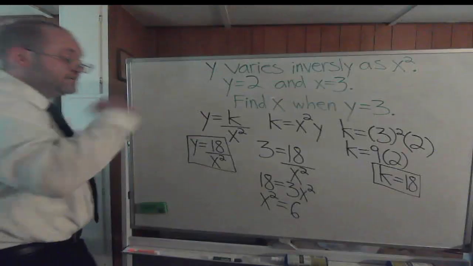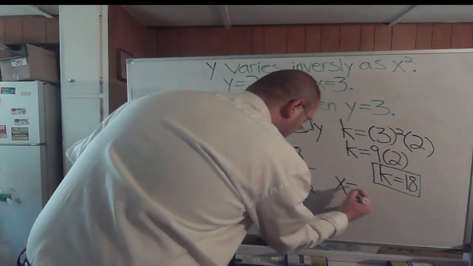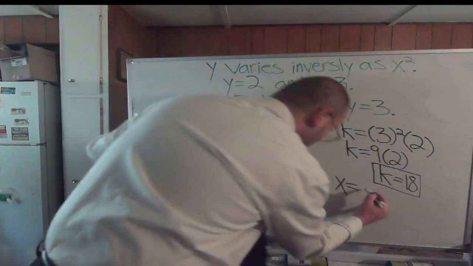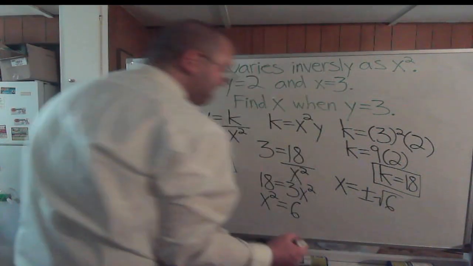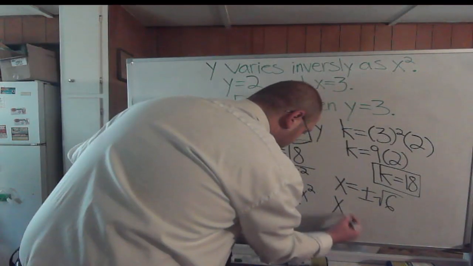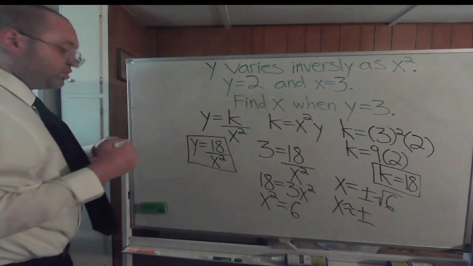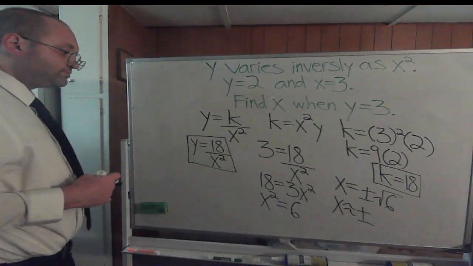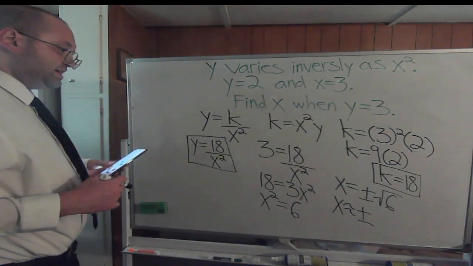So of course, take your square root of x squared, which will just give you x. On the right hand side, you have to take both plus and minus the square root of 6, which we'll round to 1 decimal place. Let's find the square root of 6.